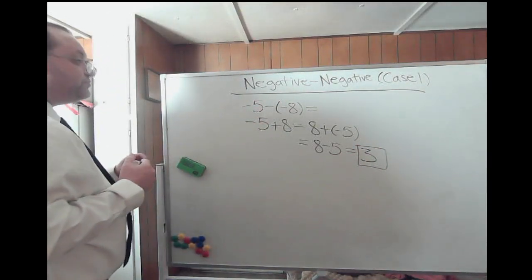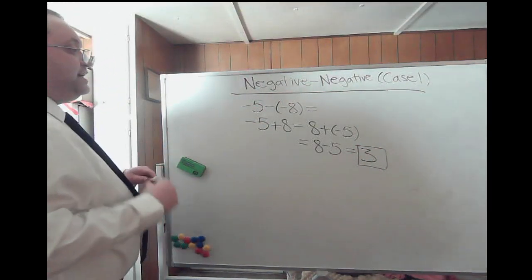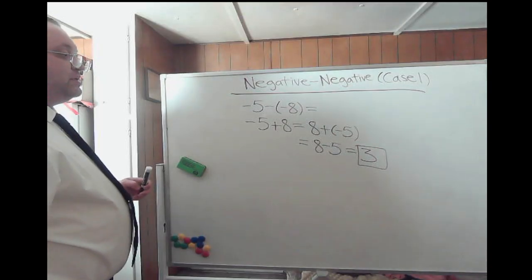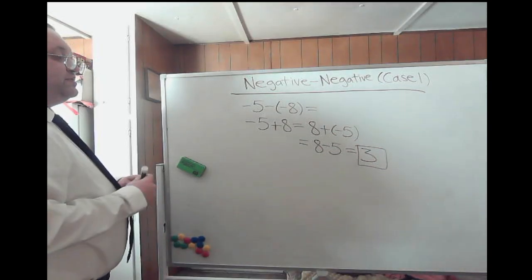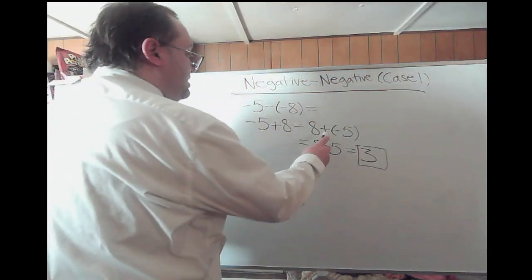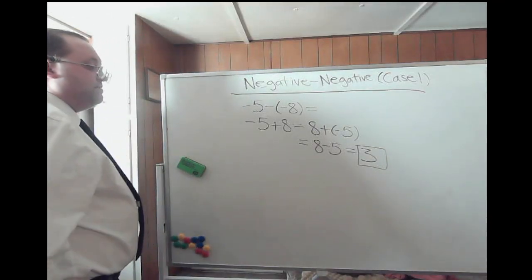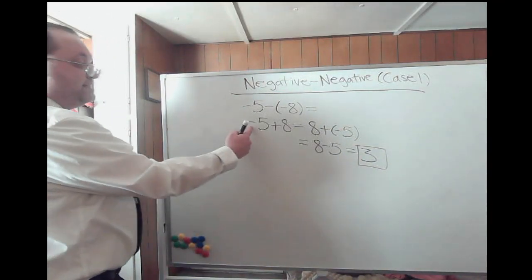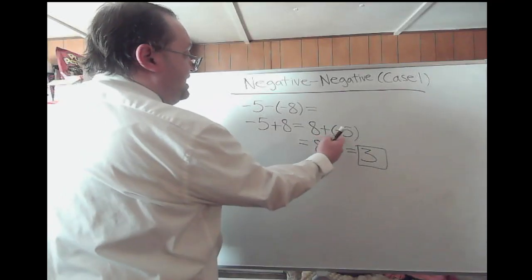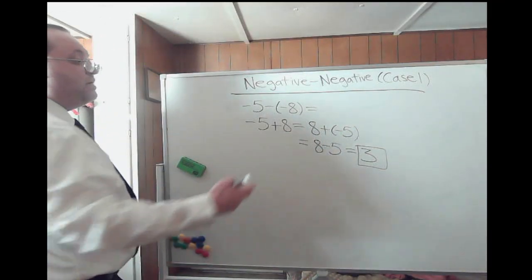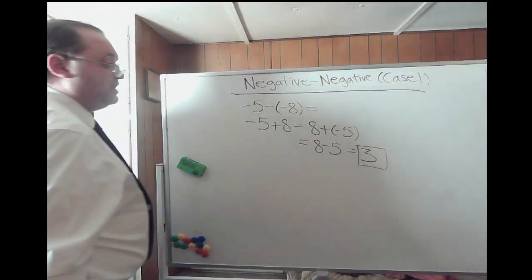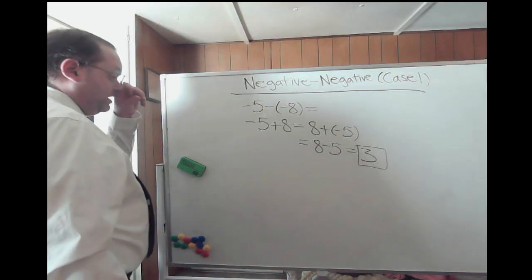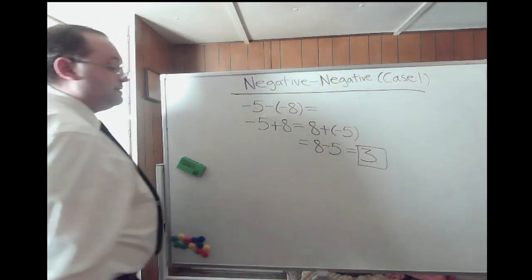So this case 1 here is whenever you take the commutative property of addition and switch the numbers around, because minusing a number is the same as adding a negative of the number. That's how we can do that with the commutative property of addition. And plus a minus, that's a minus.